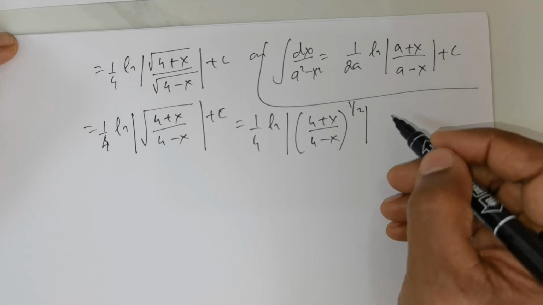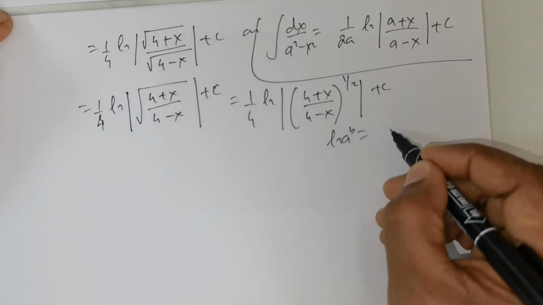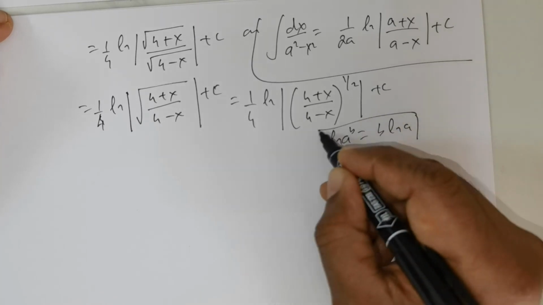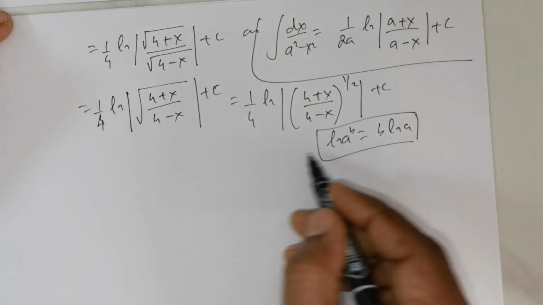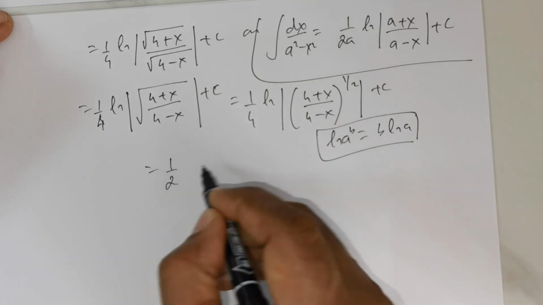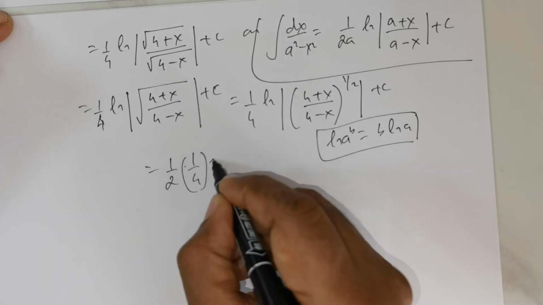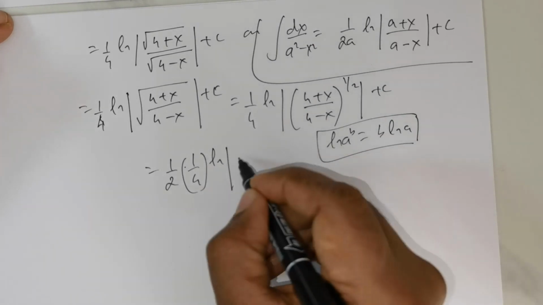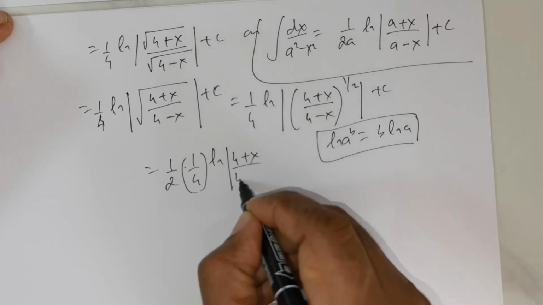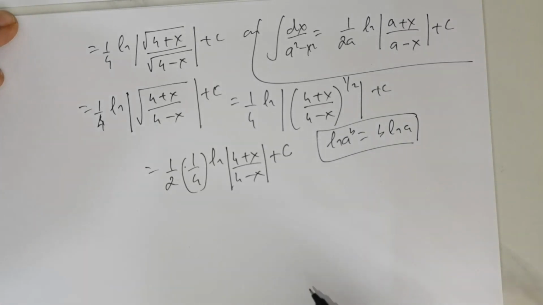Of course I can write it. Now I know that ln a raised to the power of b is equal to b times ln a. Now can I rewrite this as 1 over 2, I can bring this 1 over 2 times 1 over 4 times ln modulus of 4 plus x divided by 4 minus x plus arbitrary constant c? Yes, I can do that.